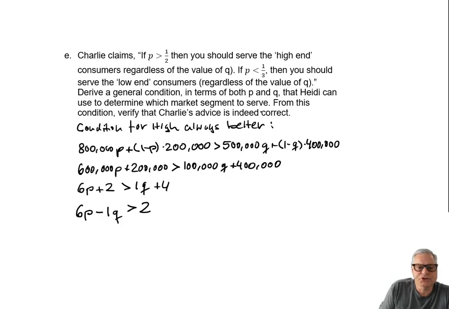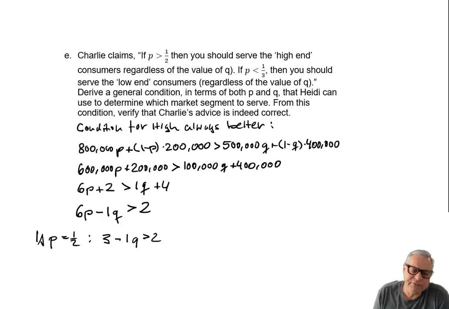So if P is greater than 1/2, let's double check. We plug in 1/2 for P. If P is equal to 1/2, then the condition is 6 times 1/2, that's 3, minus 1Q greater than 2.